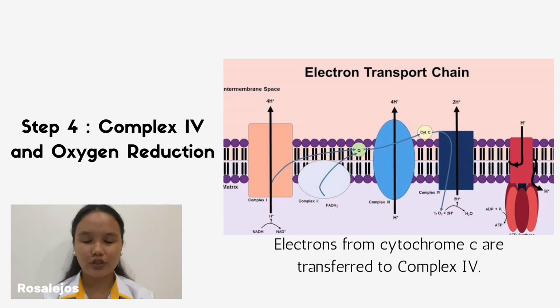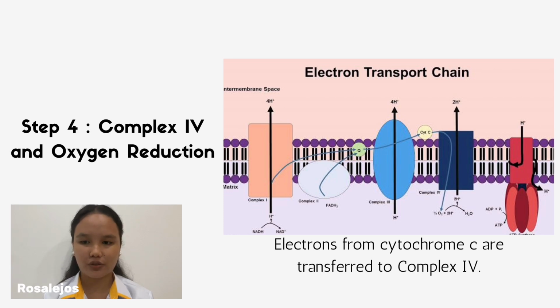Step 4. Electrons transferred to oxygen. Complex 4 receives electrons from cytochrome C and passes them through a series of redox reactions within the complex. These electrons ultimately reduce oxygen, a molecule that is crucial for the chain to function. Oxygen combines with 4 electrons and 4 protons from the mitochondrial matrix to form 2 molecules of water.